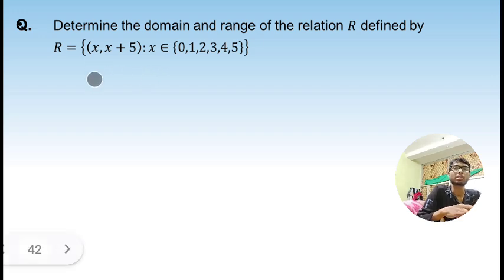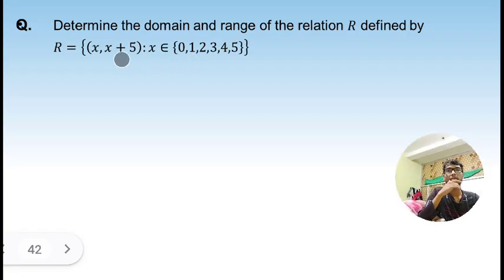So here it is saying (x, x + 5). This is the ordered pair, such that x should belong to this.